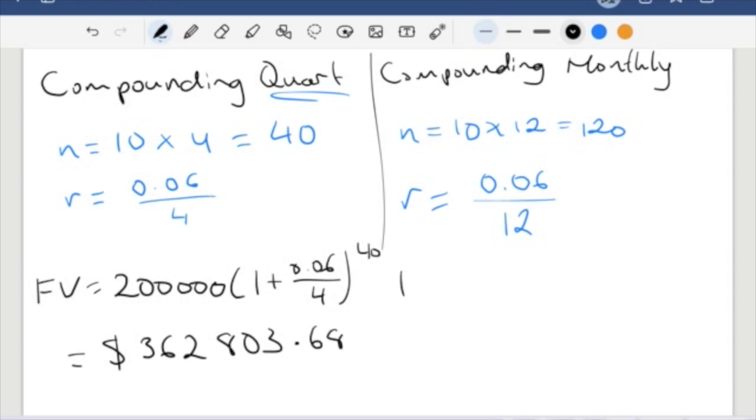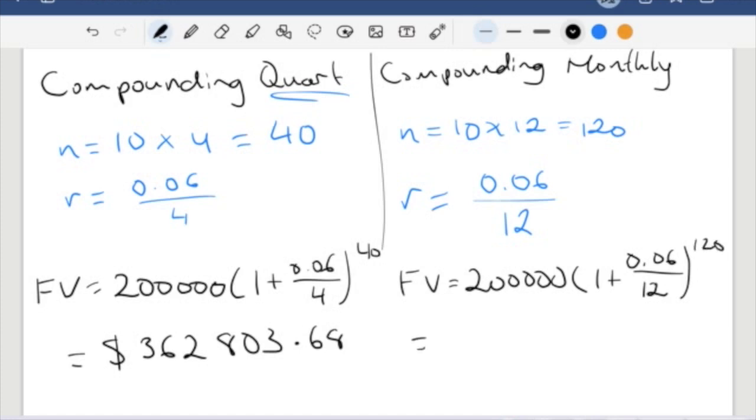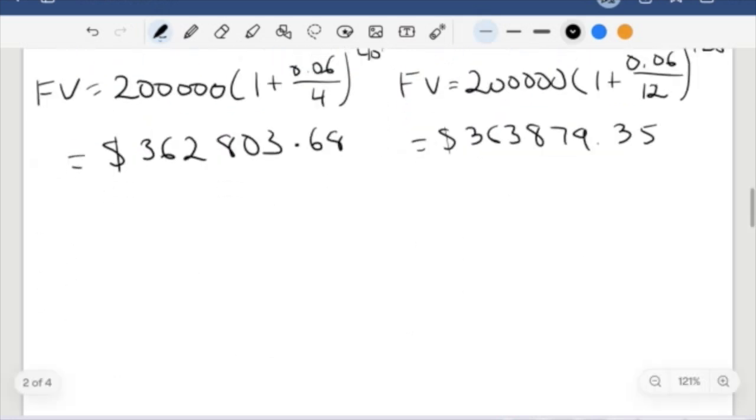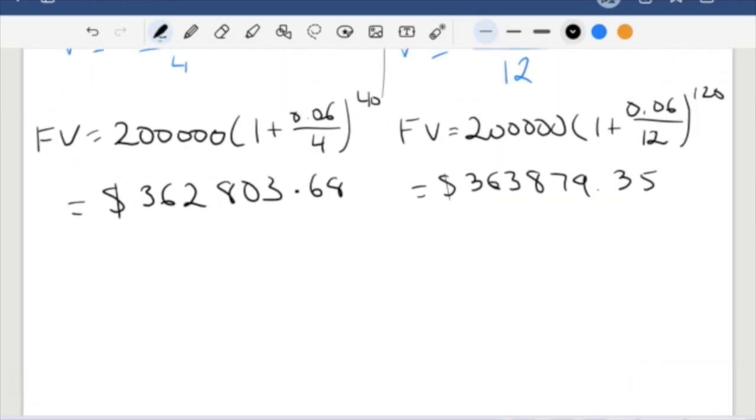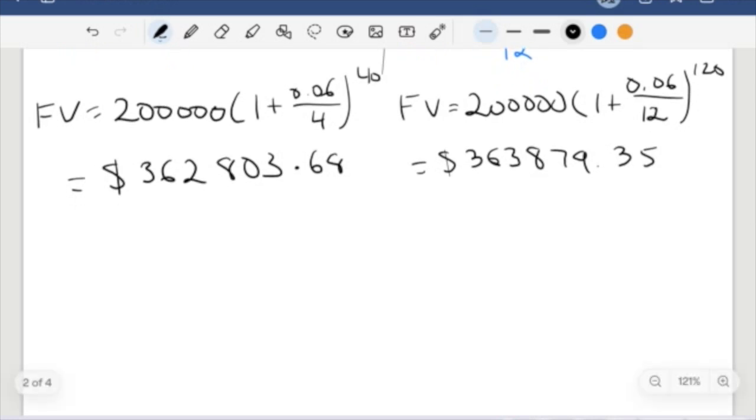And if we do the same on the right hand side, our future value is 200,000 times 1 plus 0.06 divided by 12 to the power of 120. And that answer gives us $363,879.35. We get 2 different values, which is really kind of curious.